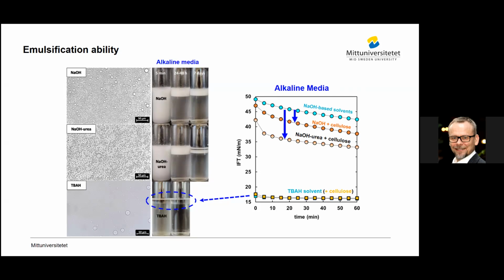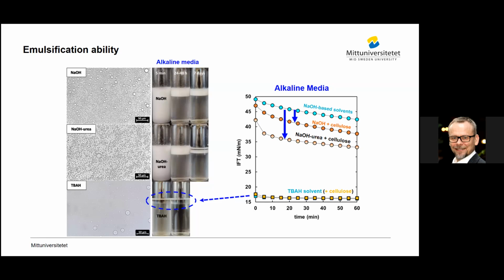And if you wait some while, you will find that there is a creaming layer on top of the alkaline samples, both for the sodium hydroxide and the one with urea. If you wait even longer, in the urea case you will start to find some macroscopic phase separation, but not only in the sodium hydroxide solution.